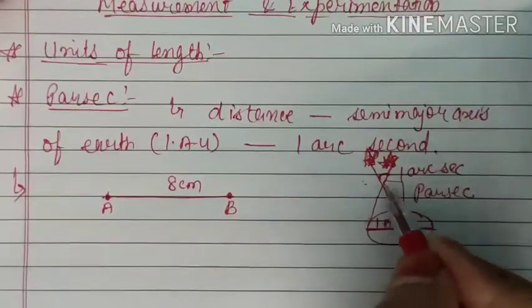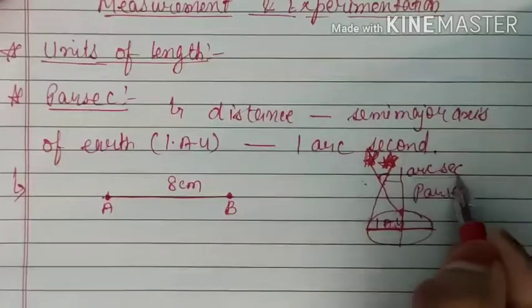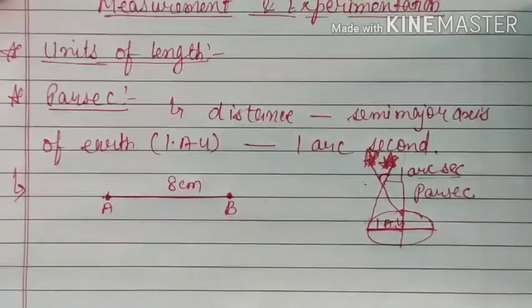And this 1 arc second is nothing but the same concept which you have learned in mathematics. We have learned angles, and in angles we have learned degrees, like 30 degrees, 45 degrees, 60 degrees. After that, if we want something smaller than a degree, any value less than 1 degree, then we go for minute.